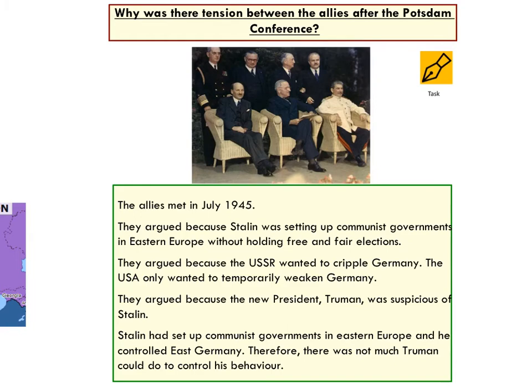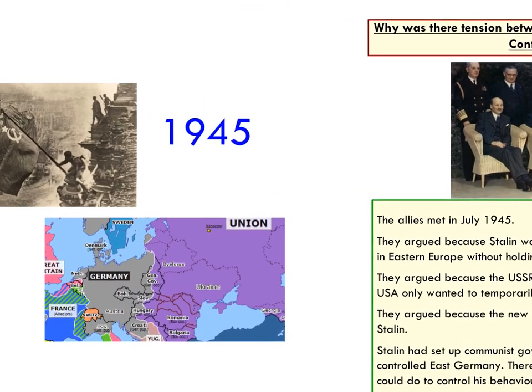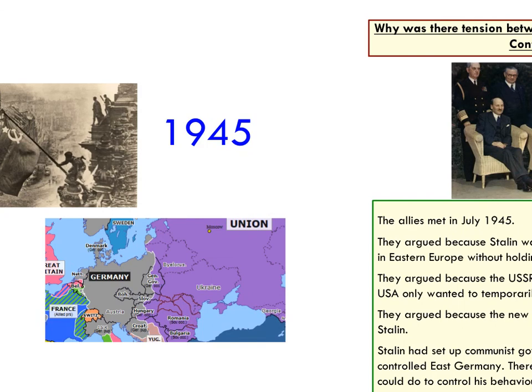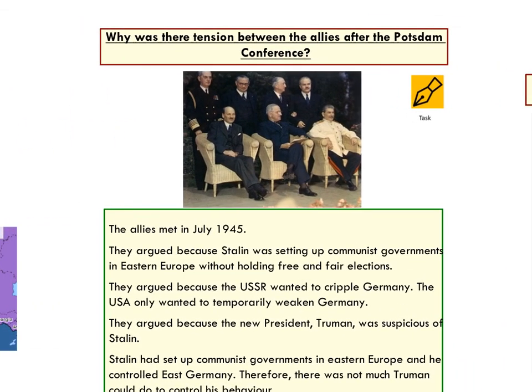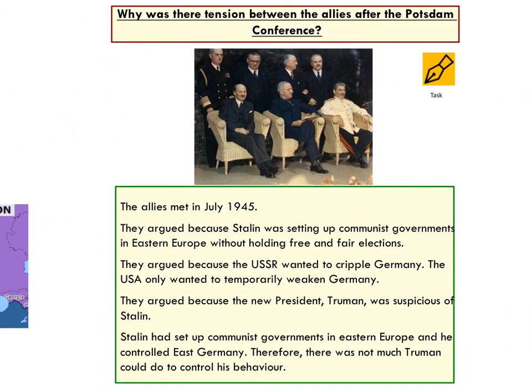So those countries that I just showed you on the map, the countries in purple, had all been liberated by the Soviet Union, or the USSR, as they forced the Nazis to leave. Now, what Truman and Attlee wanted was that these countries, like Romania, Bulgaria, Hungary, Poland, would have their own elections, and that these elections would decide the governments of these countries.